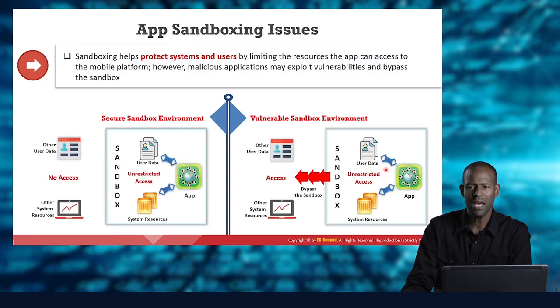So I was mentioning sandboxing issues. If you look at this illustration, you see that you have a sandbox. You have your system resources, that would be your memory, CPU, all the throughput to data storage, user data. Then you have your sandbox environment, and inside it is an app that gets a representative, a go-between to system resources. So it's restricted access to resources.